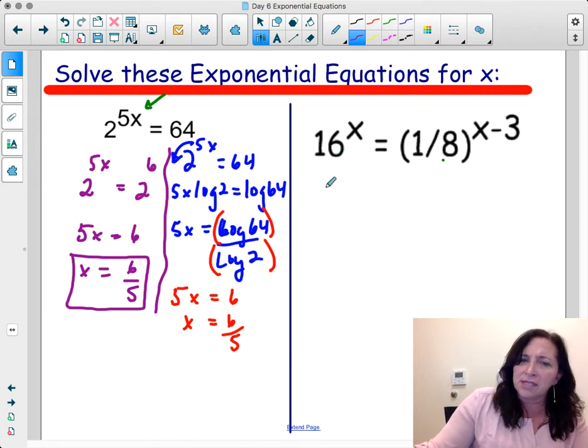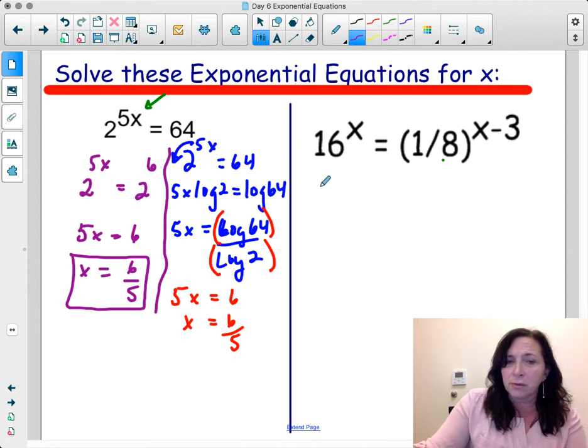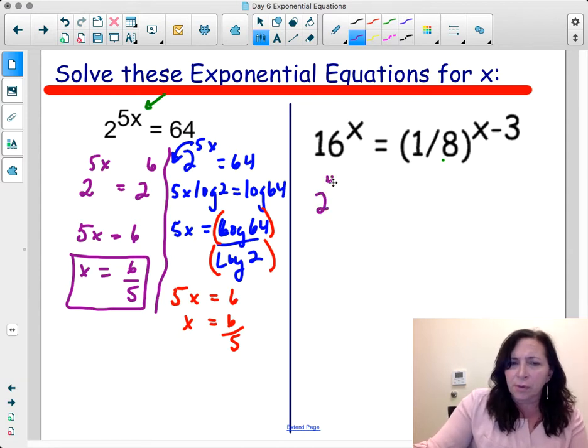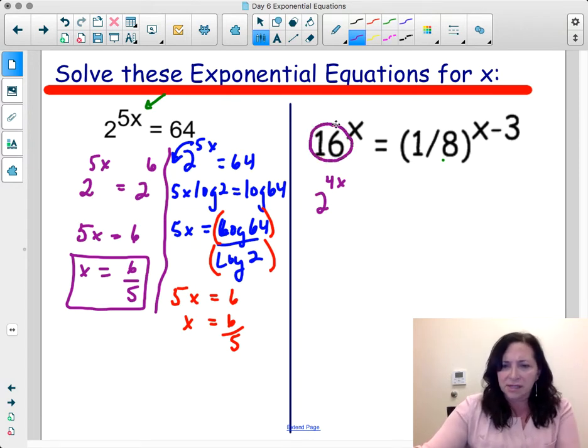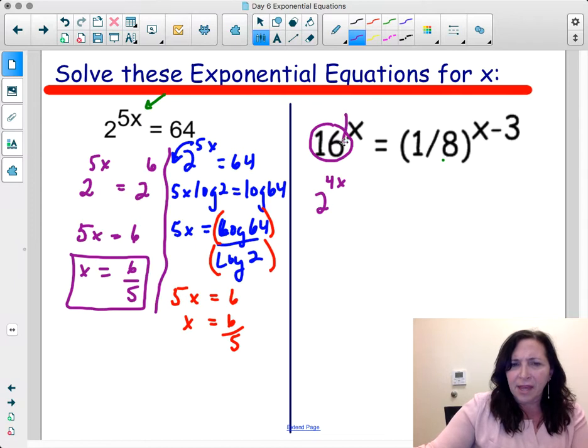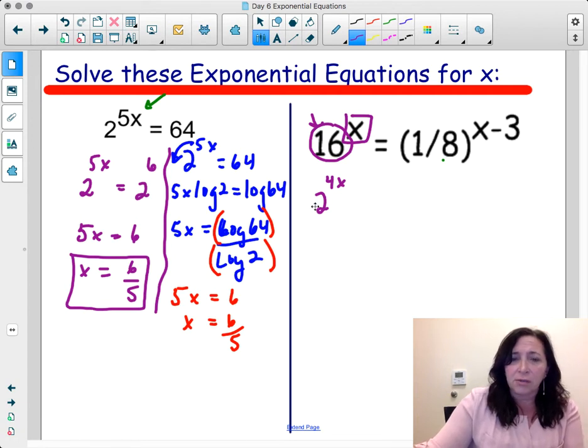So this is 16. I'm going to break that down to a 2. So that's going to be 2 to the 4th power with the x. Now, keep in mind, when you are reducing this 16, for example, there's an x still up here. That stays there. Even if you reduce this, and you rewrite it 2 to the 4th power, you don't lose this x. That stays there.